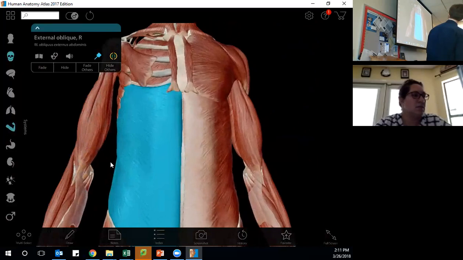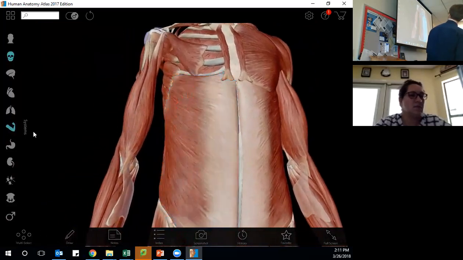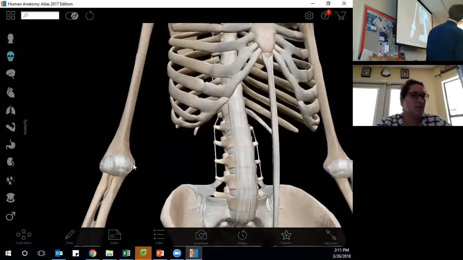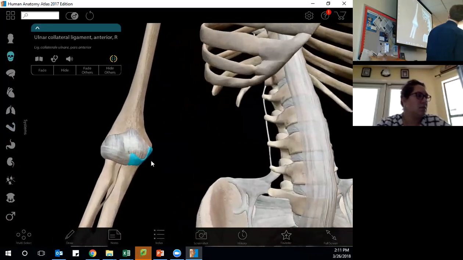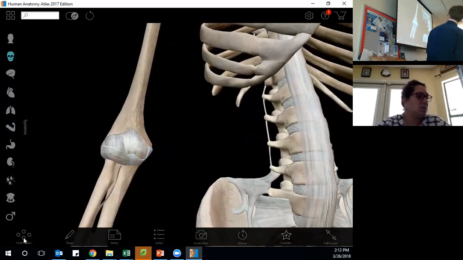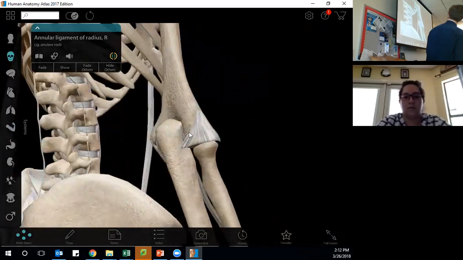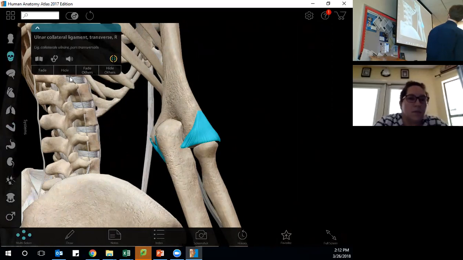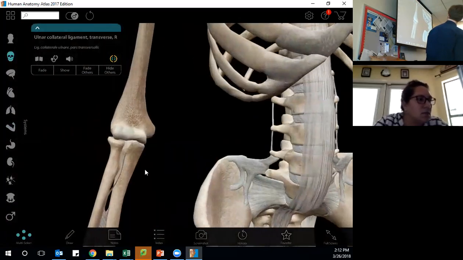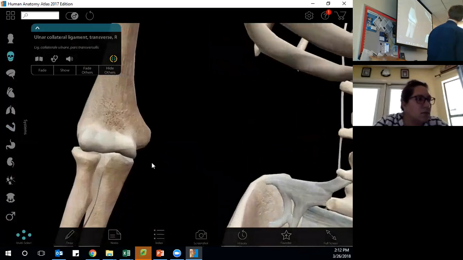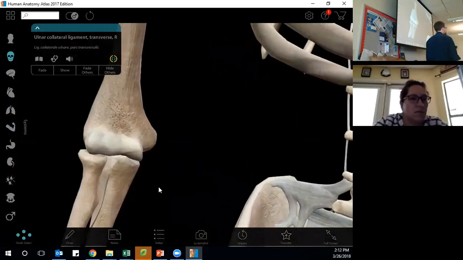So that gives us the elbow. What type of joint is this?